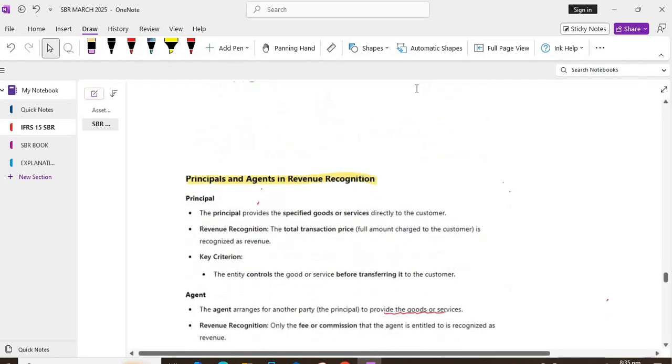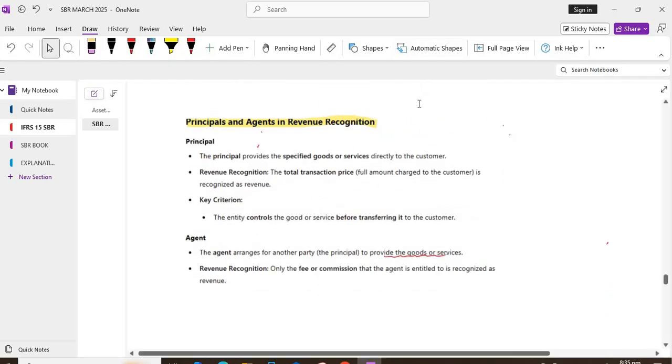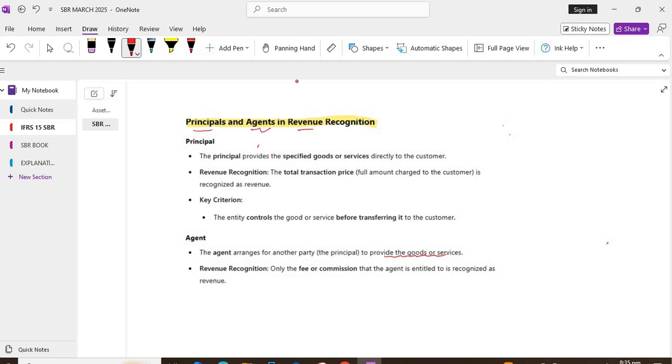Clear? Okay, now you have two types of status. The first one is when you are acting as a principal, and the other is when you are acting as an agent, and how you recognize revenue. When you are acting as a principal, what does it mean? It means that the principal provides the specified goods or services directly to the customer.